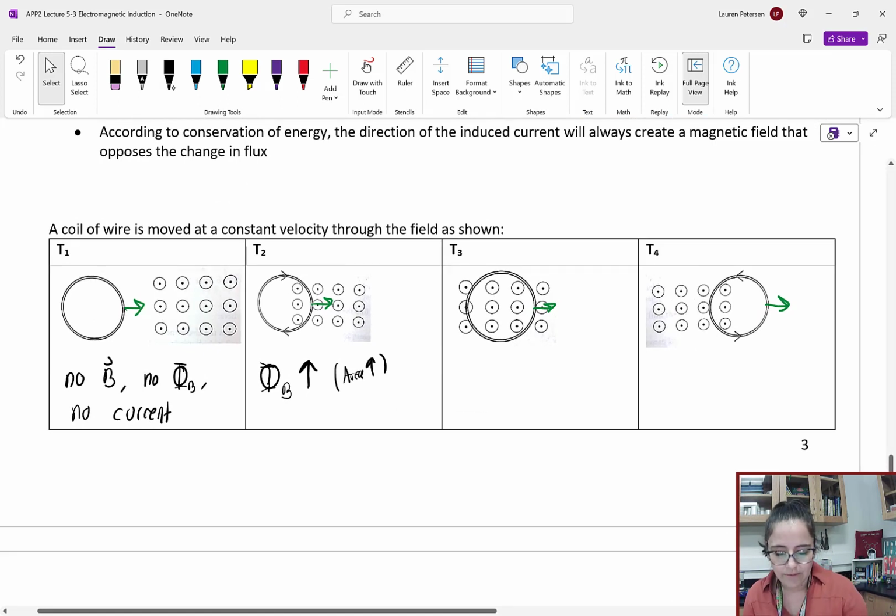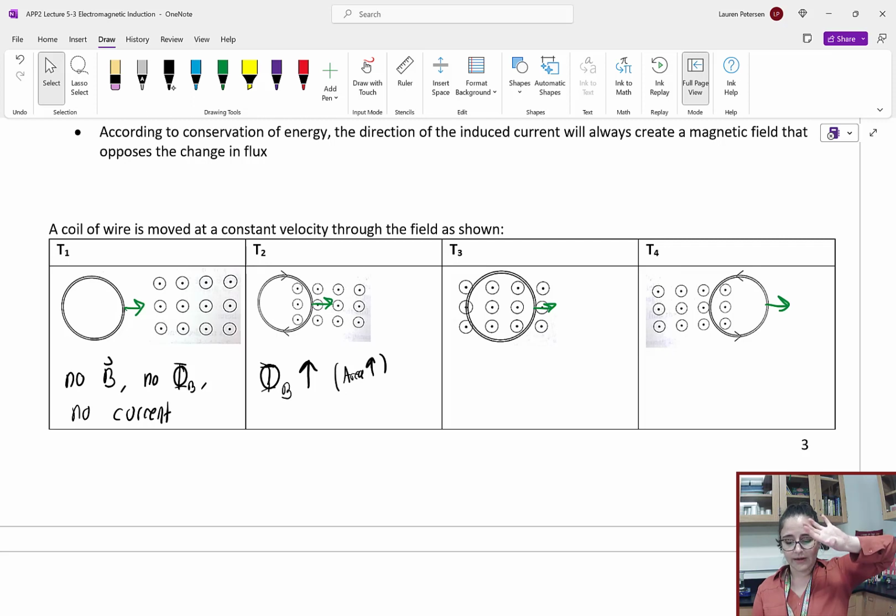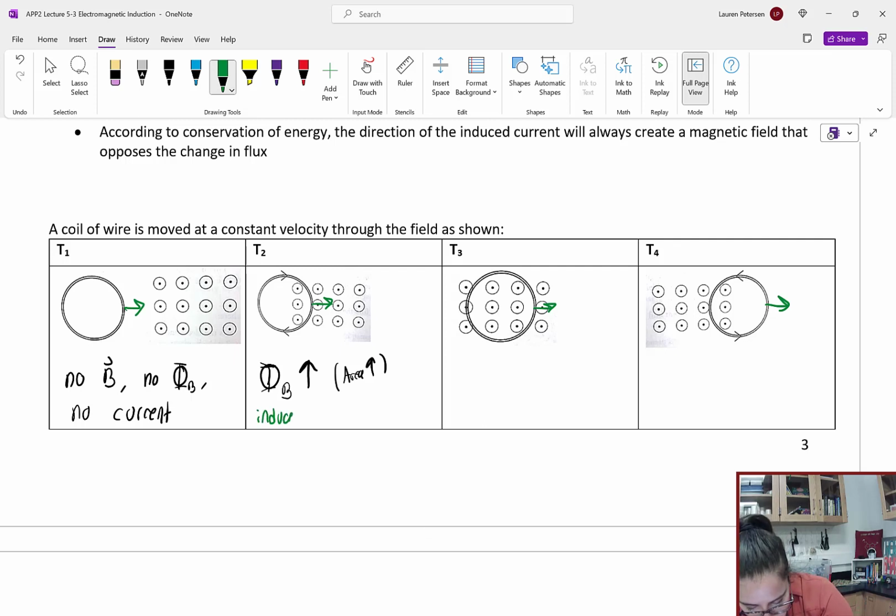Okay? Now, the existing magnetic field is coming out at us, out of the page. So the induced field must oppose the change. Since the field coming out of the page is increasing, the induced field will go into the page. Okay? So the induced field that is created by this coil of wire will go into the page.